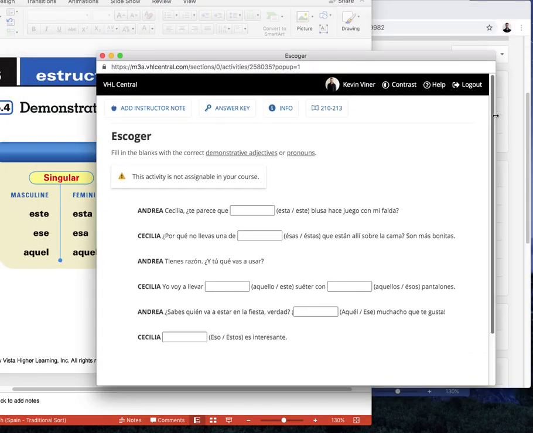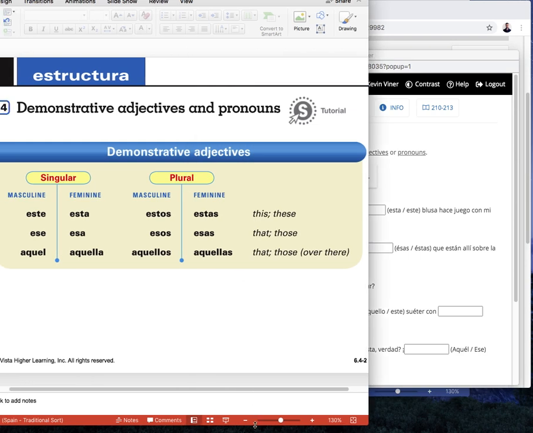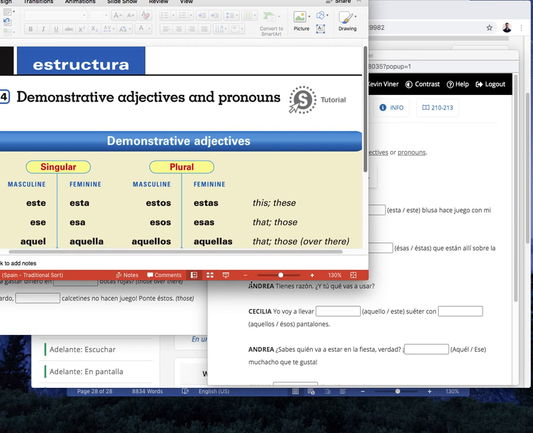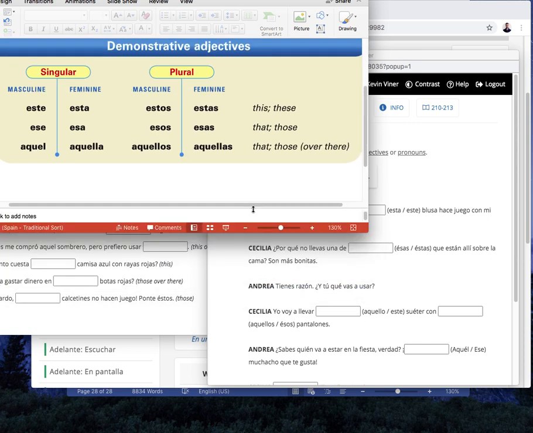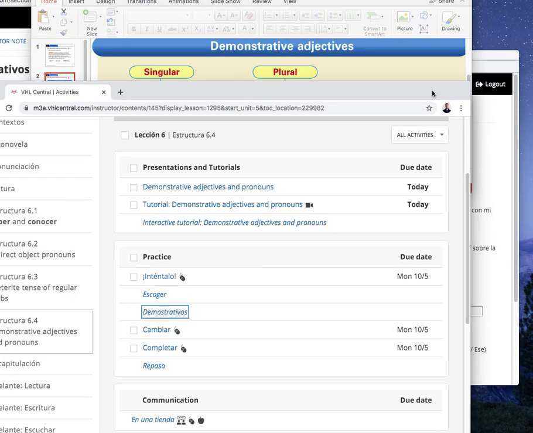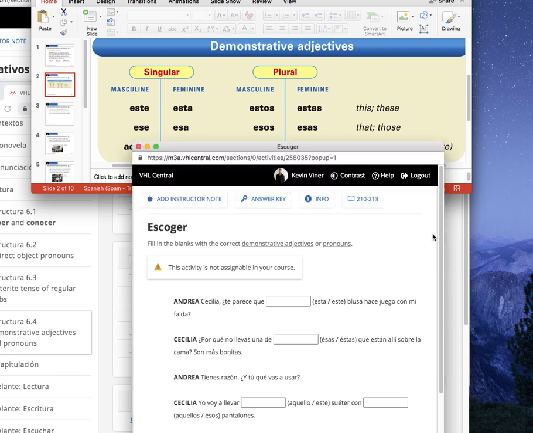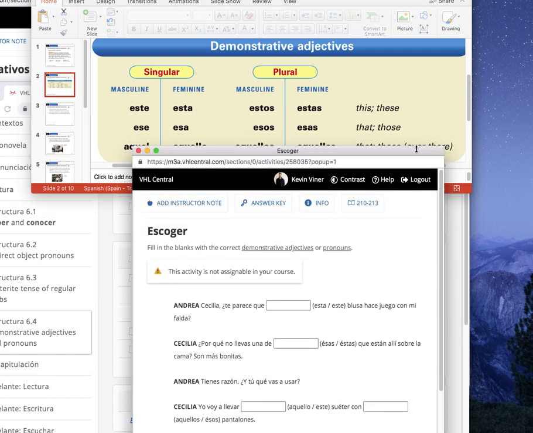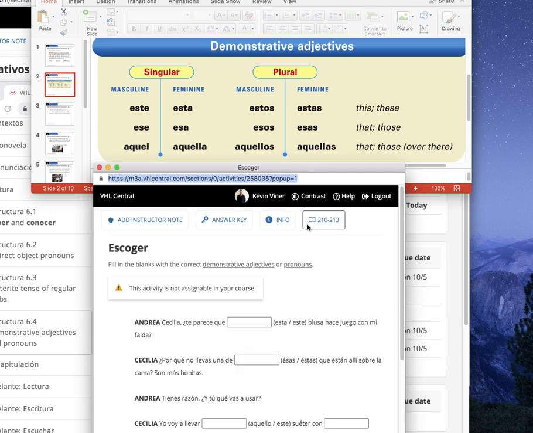Let's see, is there a way that I could have these both on the screen? That is the question. There we go. Alright, so this will be up top. And we'll have the activity here below. Excellent. Okay.